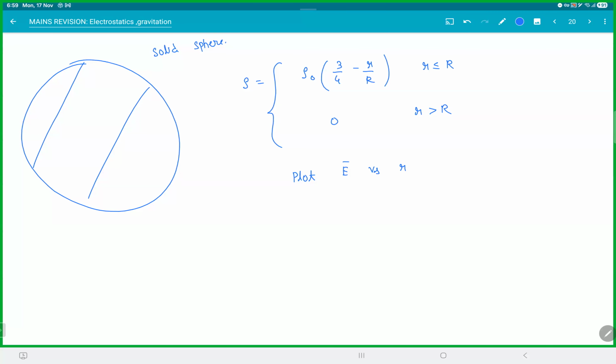Gauss law, everyone. So focus, don't get tired. You can't get tired in 1 hour.